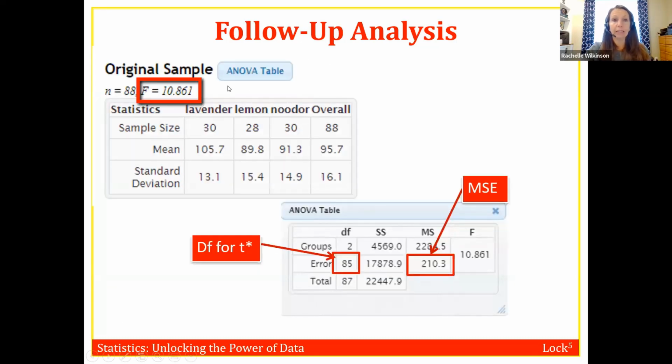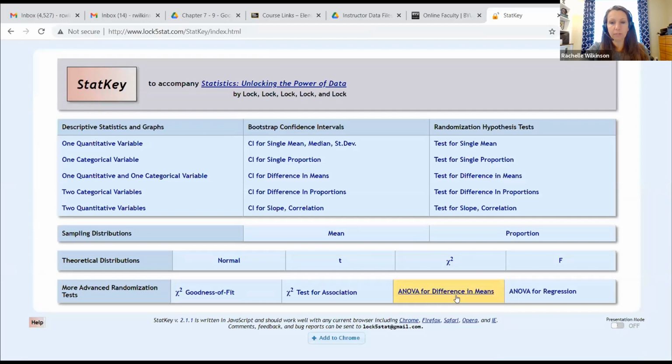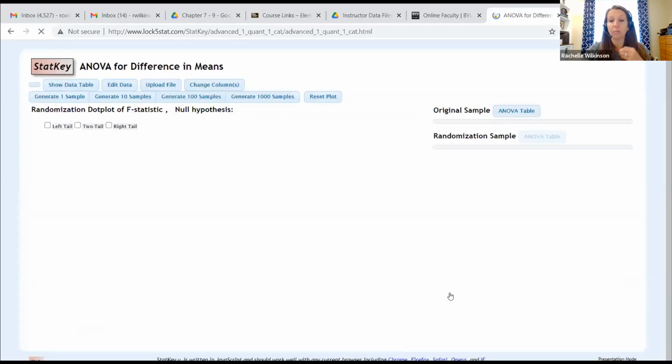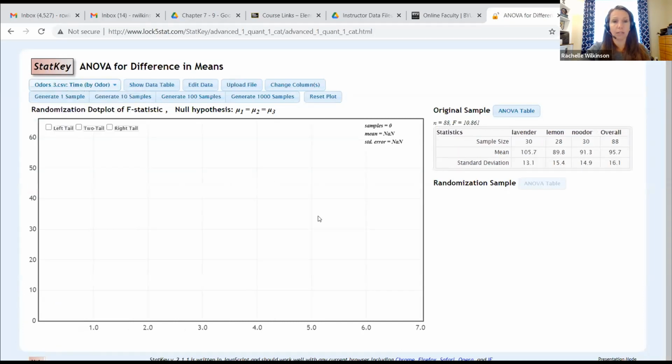So in StatKey, remember, if you click on the box for the analysis of variance table, I'll go back and show you that real quick in case you forgot. This is in the original ANOVA for difference in means, where we found the F statistic and put my data back in. Okay, so I have F equals 10.861 up here.